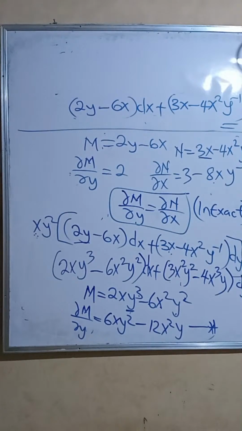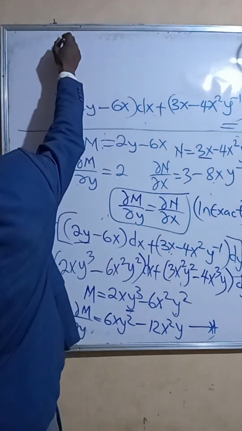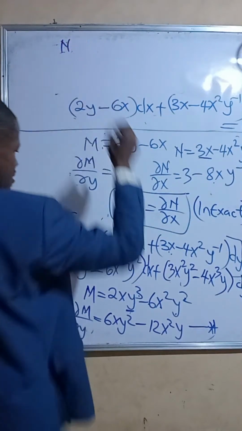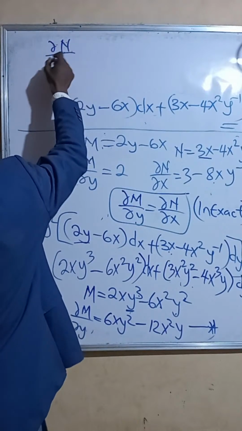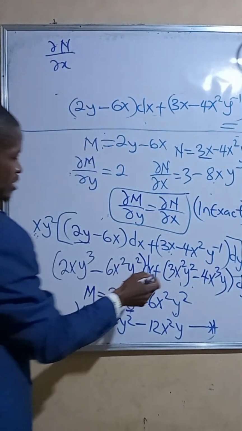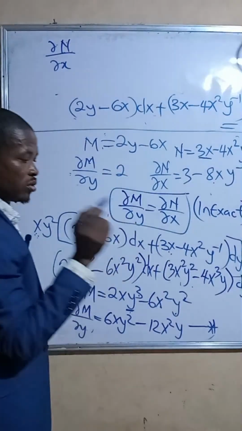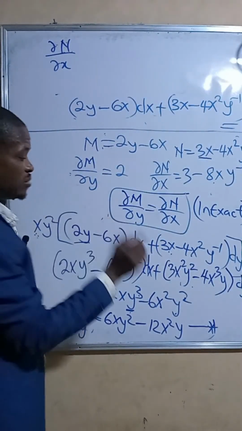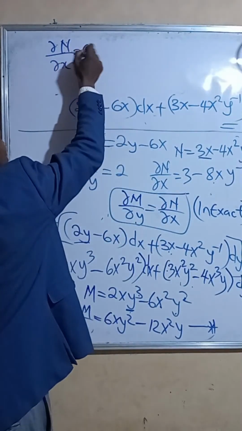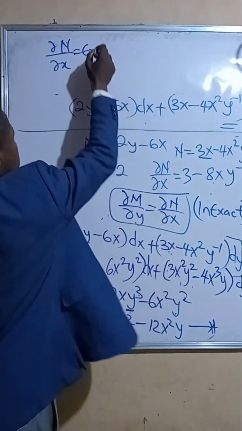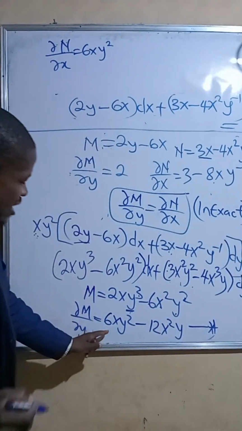So what we're going to do now is to also differentiate N with respect to x. Differentiating only the x variable: x squared times 3, that's 6x, and then y squared. You can see it here also.